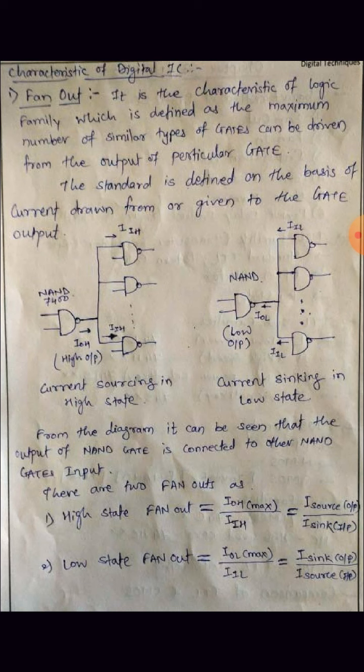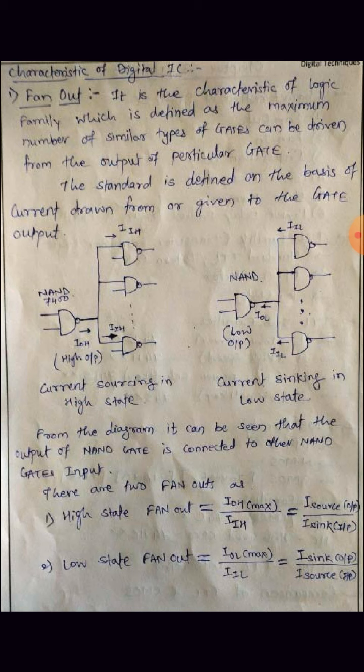Now the first characteristic of logic family is fan out. Now see the definition. It is the characteristic of logic family which is defined as the maximum number of similar types of gates that can be driven from the output of a particular gate. Now what is the exact meaning of fan out?